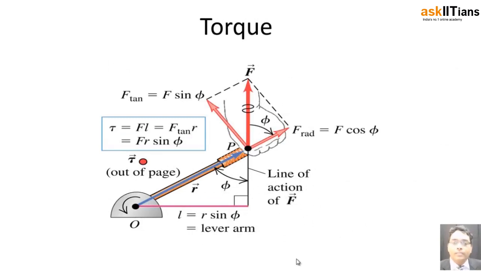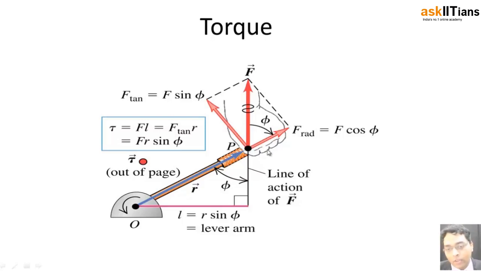Right? Let's go further. If I have to find out the value of torque, how am I going to visualize this? I'm trying to move something here. So obviously this object is going to move with respect to this particular point O. If I say that I am applying a force here along this direction, obviously this is not going to help the object move.